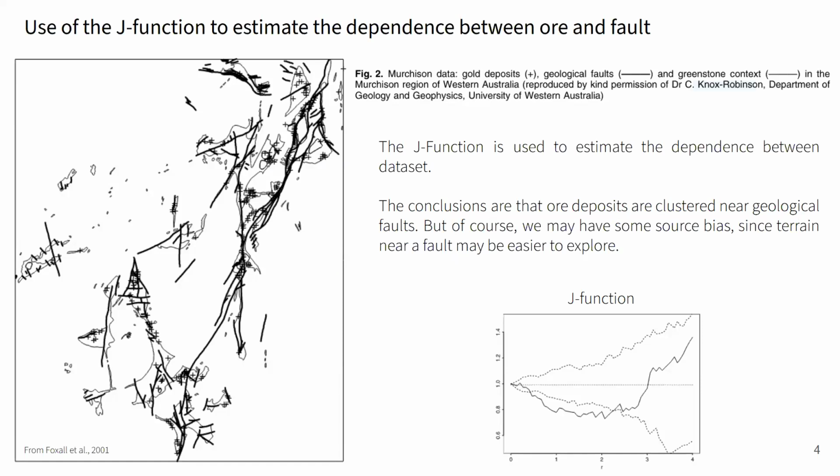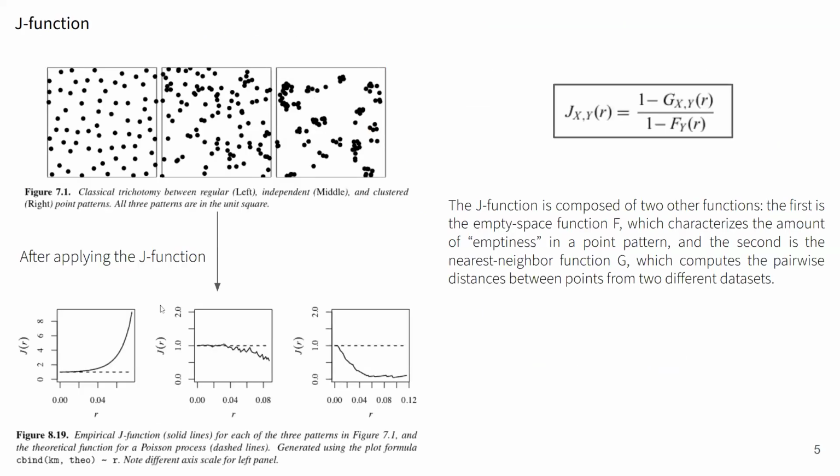The J function is in the bottom, and it shows if the deposits are close to faults or not. I will explain here.